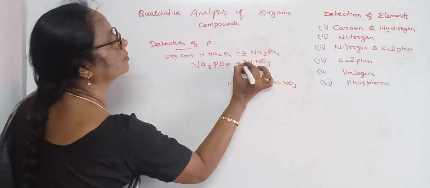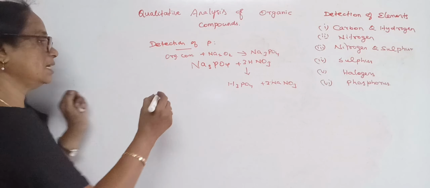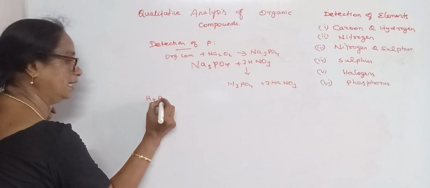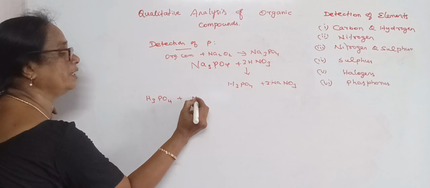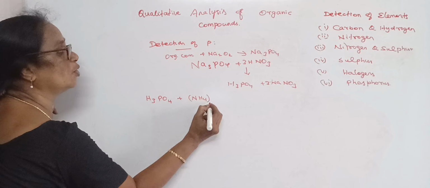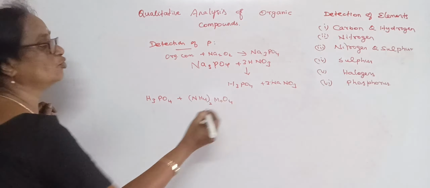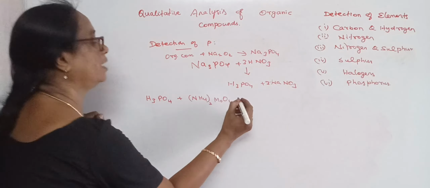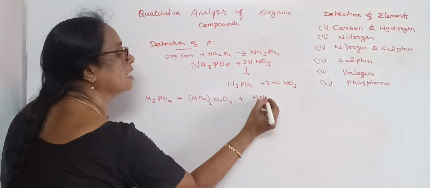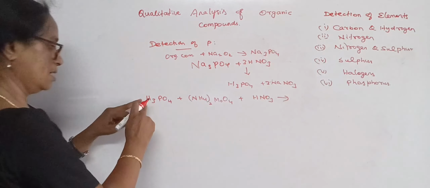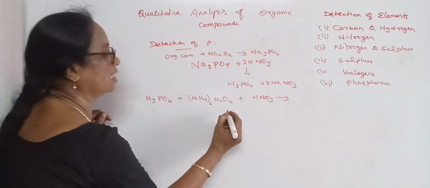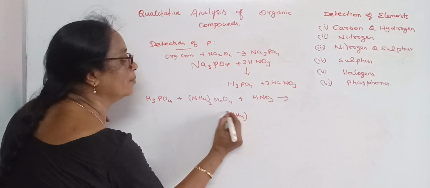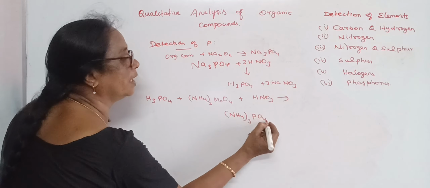So this phosphoric acid is then treated with ammonium molybdate, (NH4)2MoO4, in the presence of nitric acid, where phosphoric acid gets converted into ammonium phosphomolybdate.